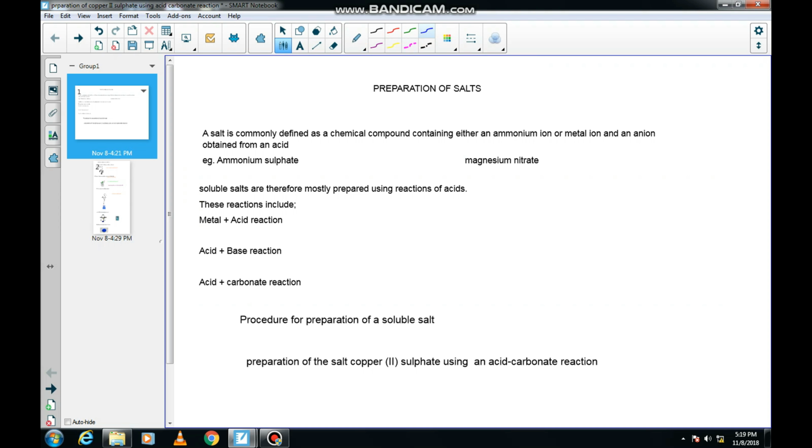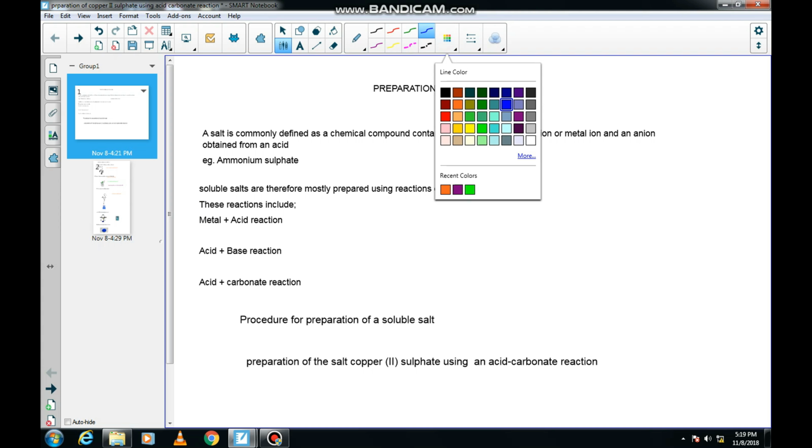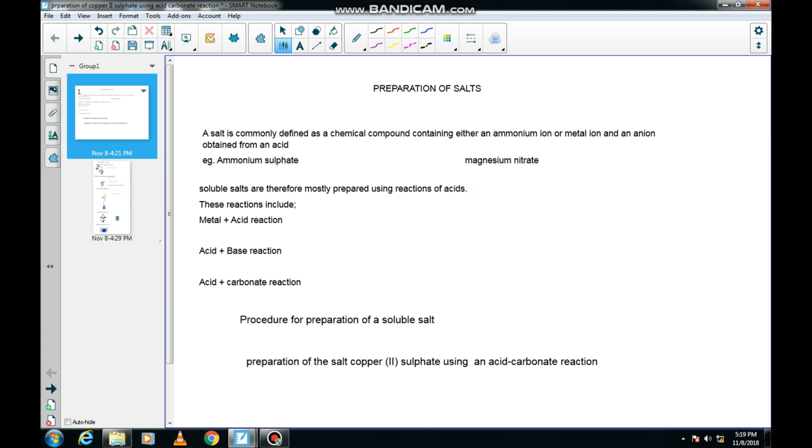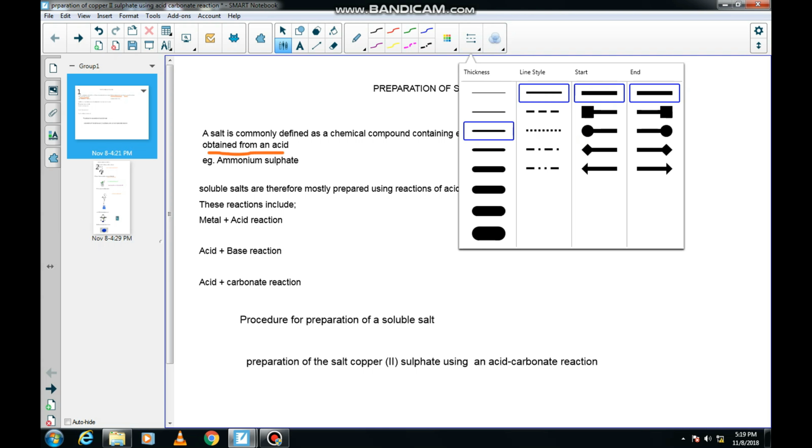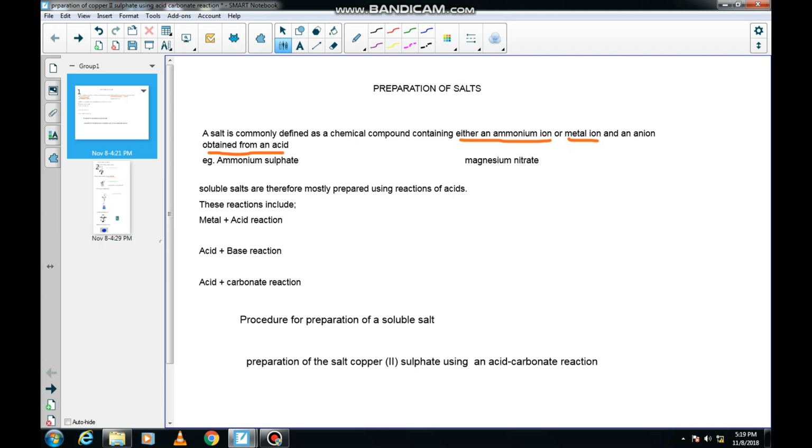The BGCSE syllabus defines a salt as a chemical compound containing either an ammonium ion or a metal ion and a negative ion that is obtained from an acid.